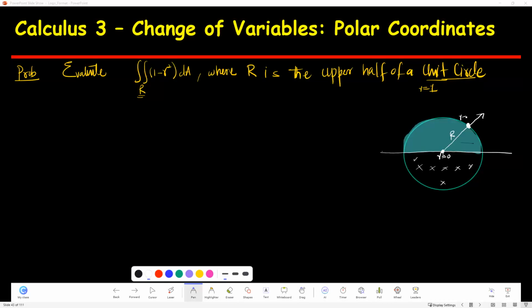Here, r equals 1, because we already talked about a unit circle, so the radius of the circle is 1. At this point, theta equals 0 degrees. And if you go all the way around, theta equals 2 pi.